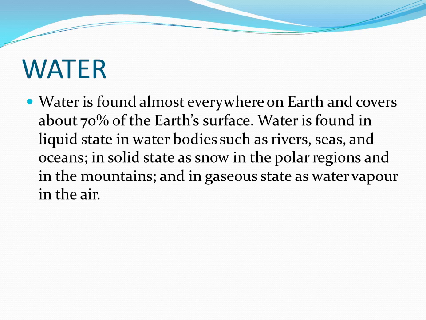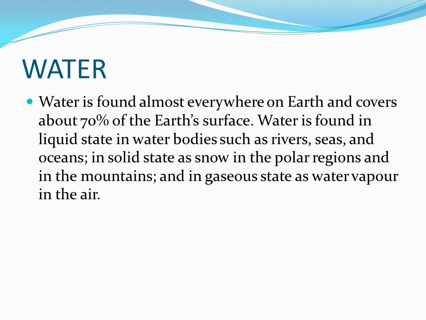Where water is present, it is in liquid state and is found in rivers, seas and oceans, in the form of snow in the polar regions and in the mountains, and in gaseous state as water vapor in the air.